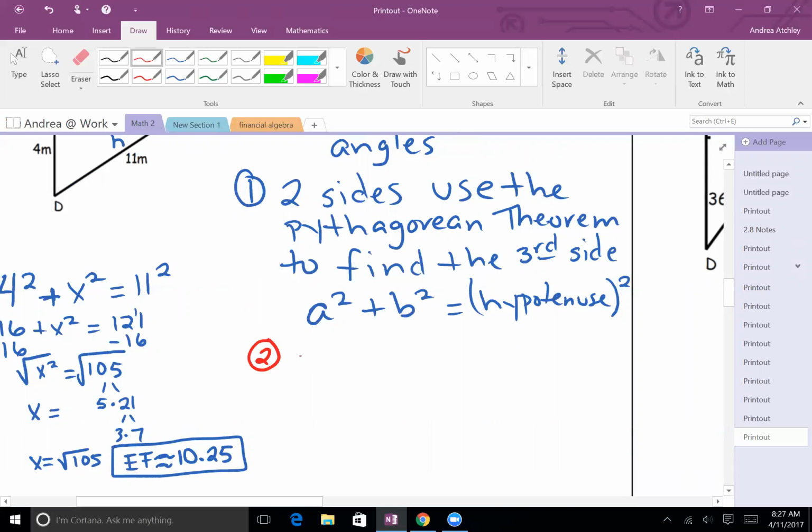Number 2, use inverse trig functions to find the missing angles.